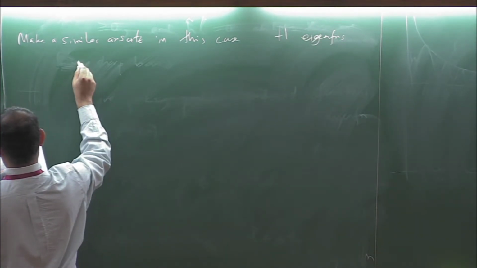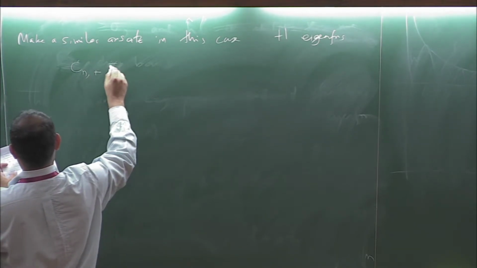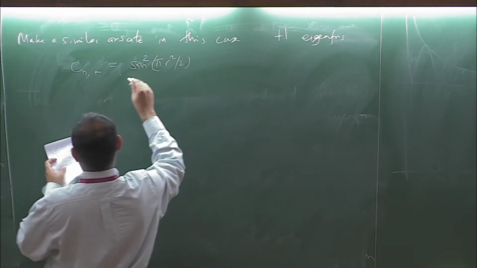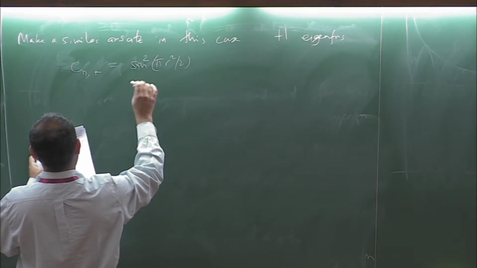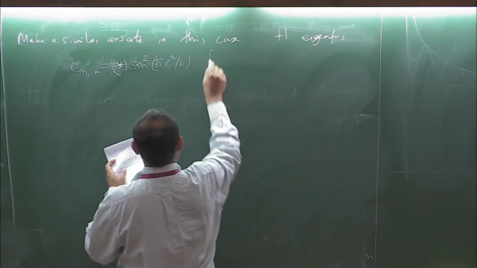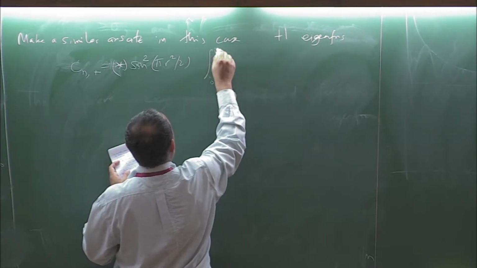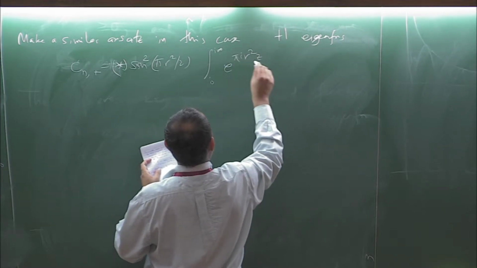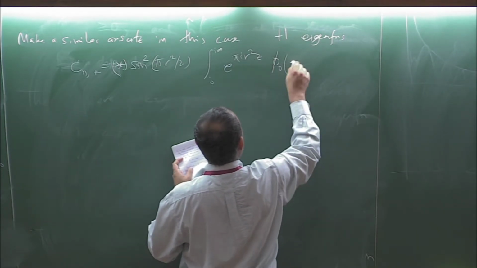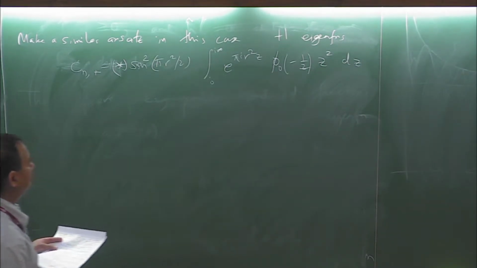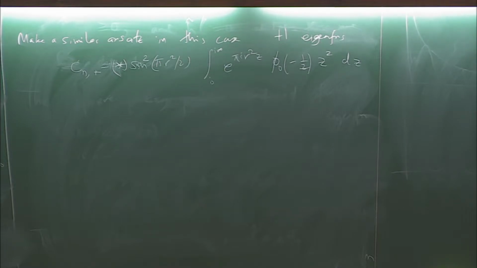So you assume that c n plus is sine squared pi r squared over 2 times some constant, doesn't matter, times an integral from 0 to infinity of e to the pi i r squared z times phi 0 of minus 1 over z, z squared dz. Okay. So we make the exact same ansatz. This is the E8 case for the moment.